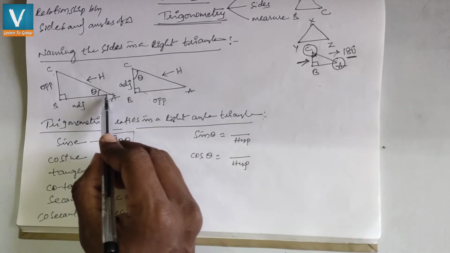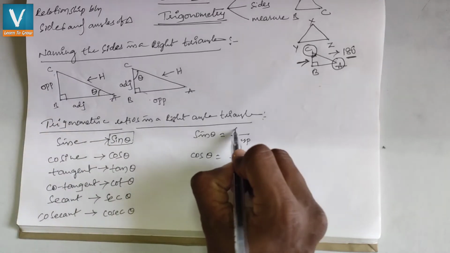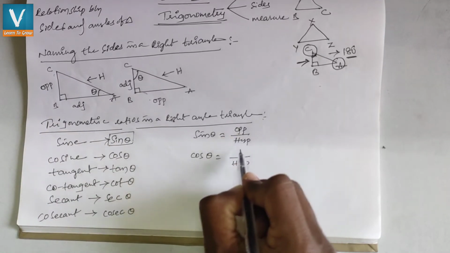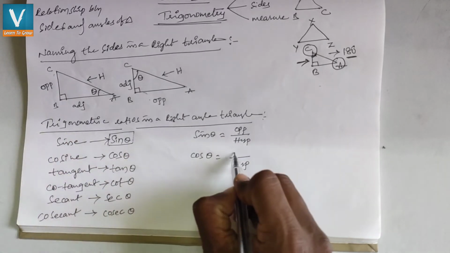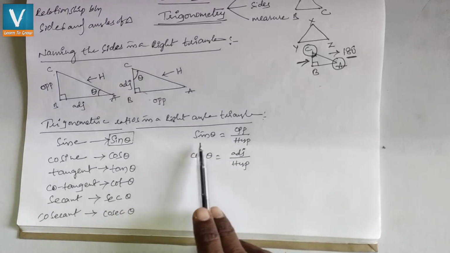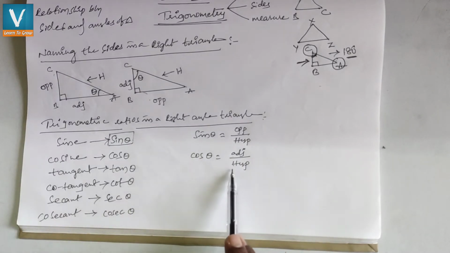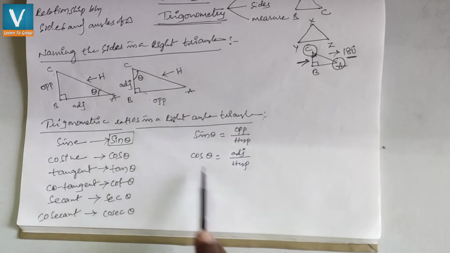Sin theta, if you observe from here, directly we can look at the opposite side. Sin indicates opposite side to hypotenuse. Cos indicates the remaining side, the adjacent, adjacent by hypotenuse. If you know these two, we can find the rest very easily.